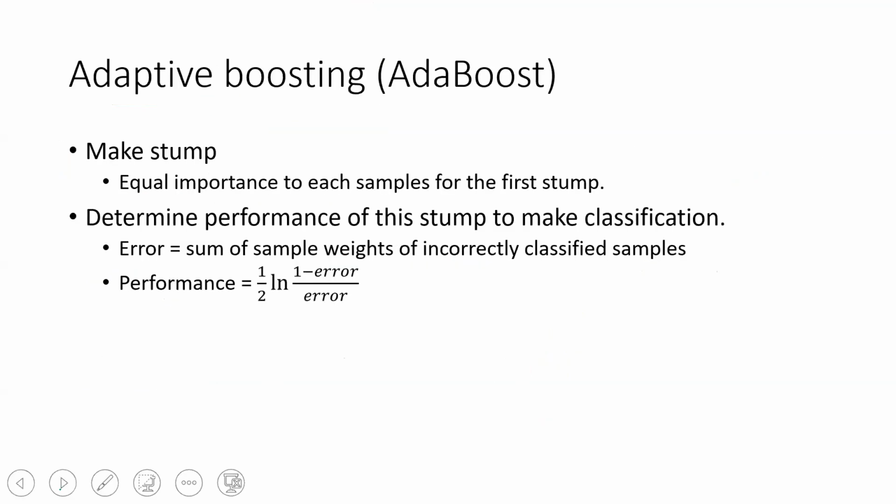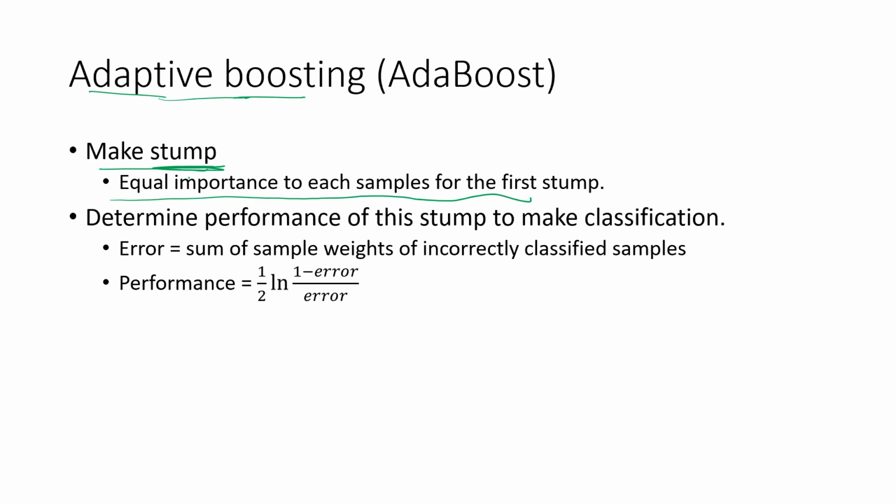There are two algorithms in boosting: one is called adaptive boosting and the other is called gradient boosting. In AdaBoost, we use the weak learner as the stump. We make a decision tree with one split, and for making the stump, we give equal importance to each point.